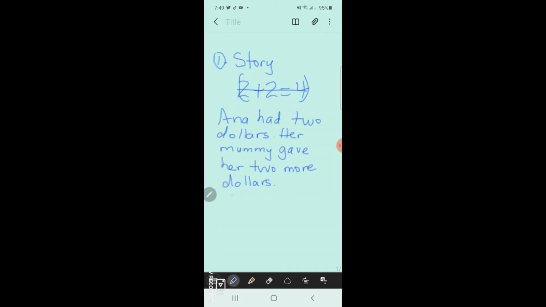So now the question part, how much money does Anna now have? Right. Did I use any symbols there? No. Right? What I did is I am teaching addition using the story.